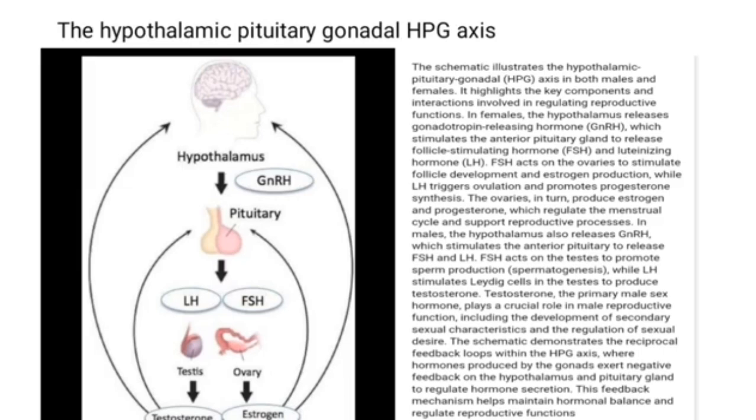So in female, there are times when there will be positive feedback instead of negative feedback. Negative feedback actually happens when there is excess release of estrogen. But in some cases, especially 24 hours before ovulation, estrogen level rises, and instead of sending negative feedback to the pituitary and hypothalamus, it will send positive feedback.